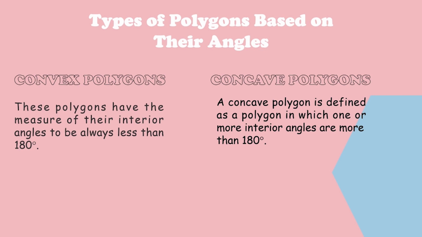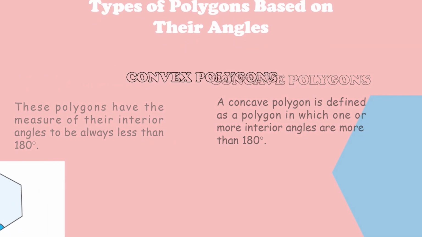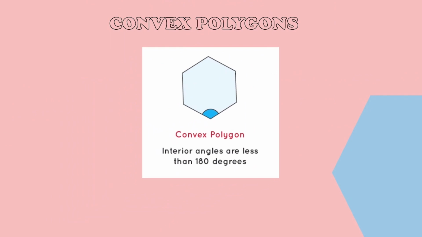For more understanding of this topic, let's have an example. Here is an example of a convex polygon. This polygon is called a hexagon because it is a six-sided polygon, and it's considered a convex polygon because it meets the definition of convex.